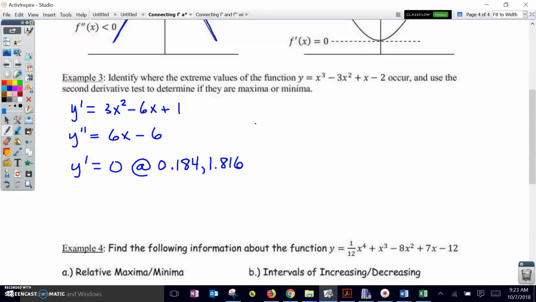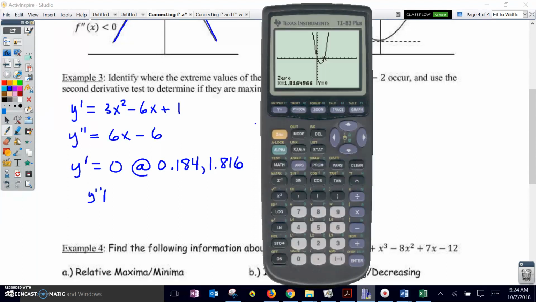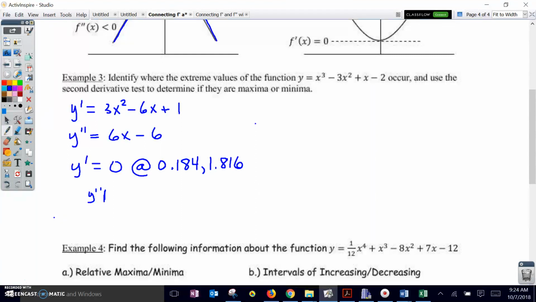Okay, now, using the second derivative test, I'm just going to go ahead and substitute these values in. So y double prime at, was that negative 0.184? No, that was a positive 0.184. At x equals 0.184 is 6 times 0.184 minus 6.